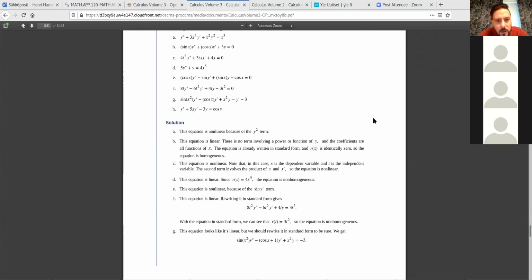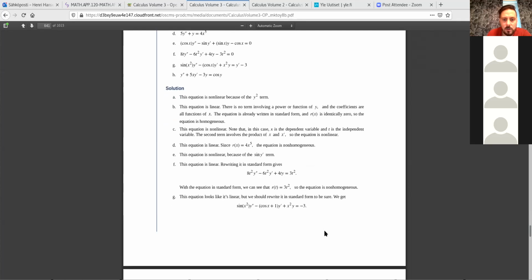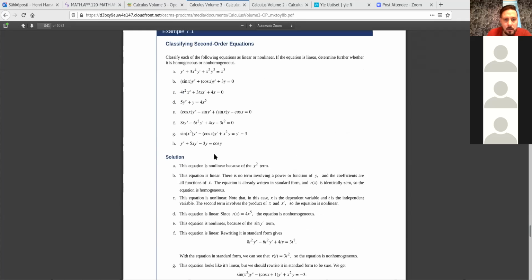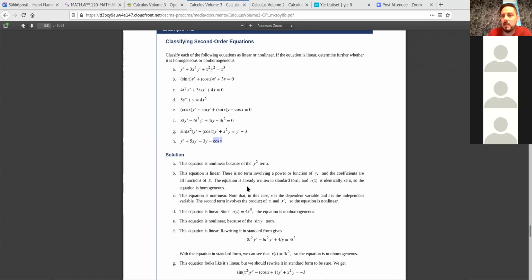We can move all the y prime coefficients to the left-hand side and all the others to the right-hand side. Then we get this into the form that the sine of x squared y prime minus cosine of x plus 1 y prime plus x squared y equals -3. So it's a non-homogeneous linear equation. And in the last one, there is a cosine of y, and so that's not linear.